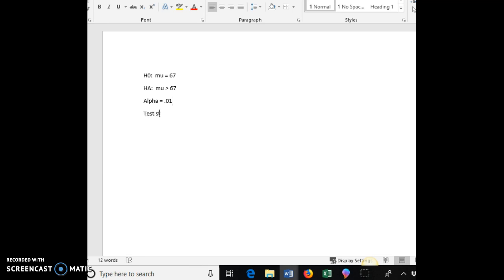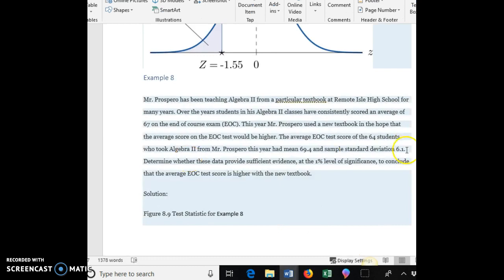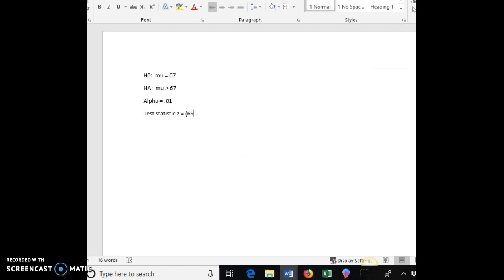All right, so our test statistic, we're going to have z equal, we need our sample mean minus the 67 on top. So let's see, our sample mean was 69.4. So we'll have 69.4 minus our 67 divided by, now we want our sample standard deviation. We didn't have the population standard deviation.